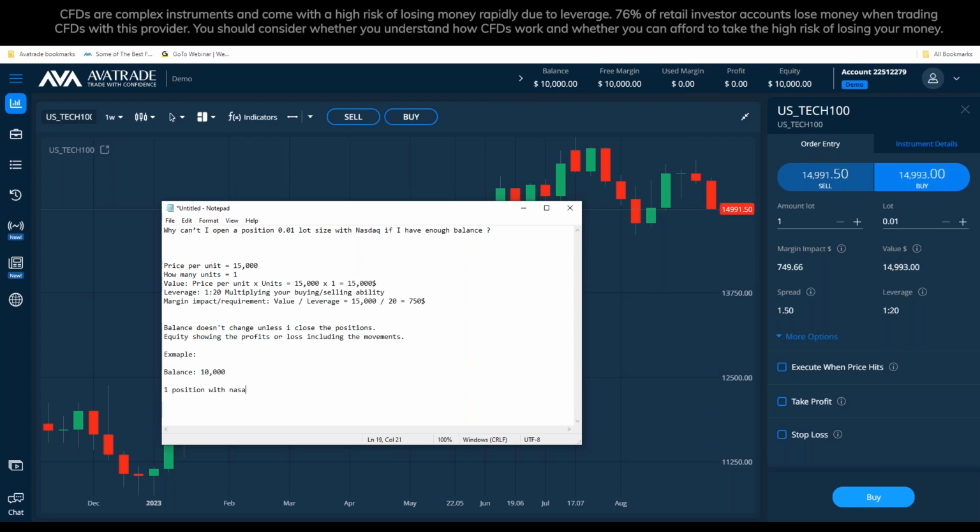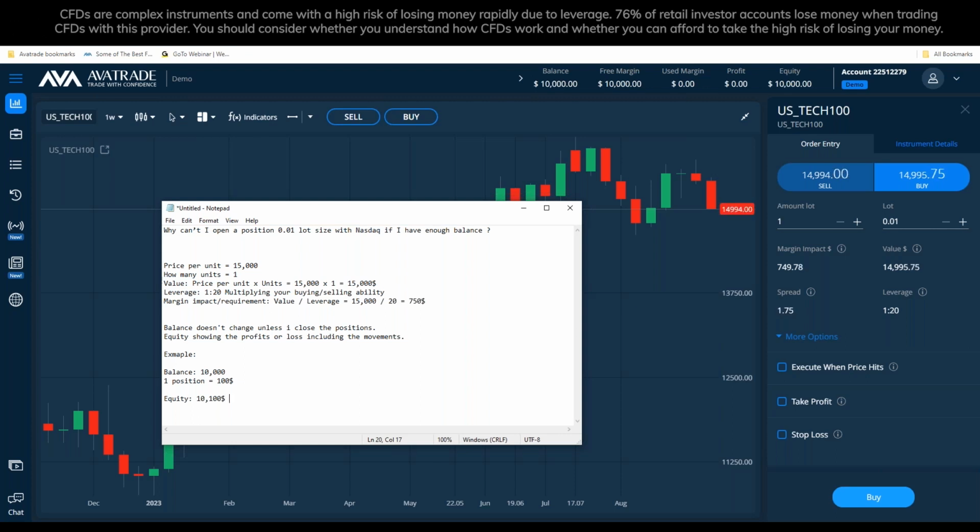It doesn't really matter, but we're on Nasdaq now. Let's say one position makes, it doesn't really matter, $100 profits, as an example. My balance is not going to change, but my equity will be, this is how it's going to look like.